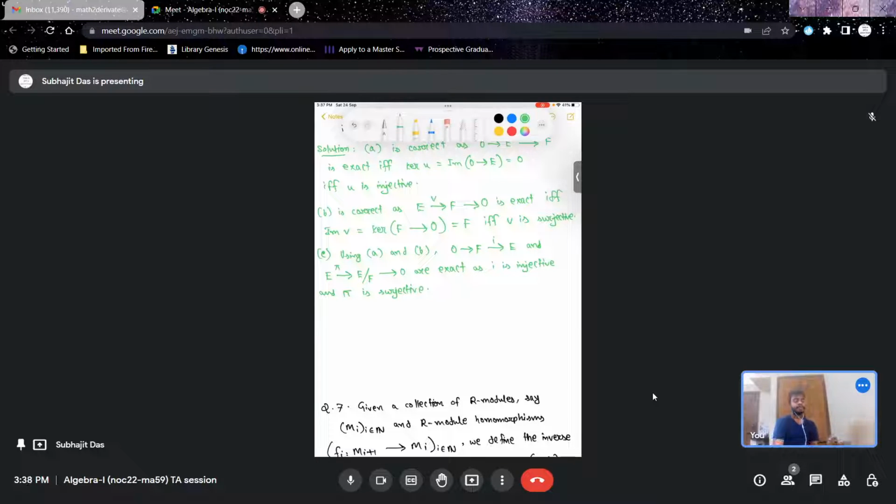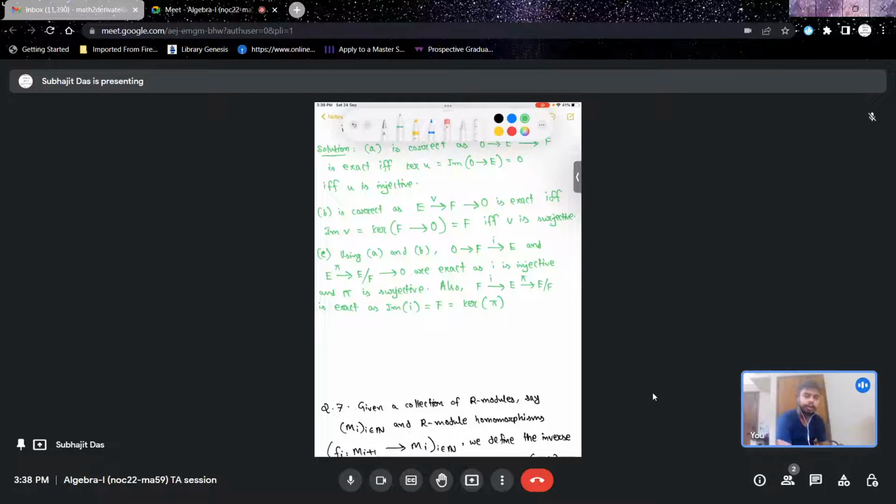Also F to E to E mod F, I, pi, is exact, as the image of I, which is F, is also the kernel of pi.